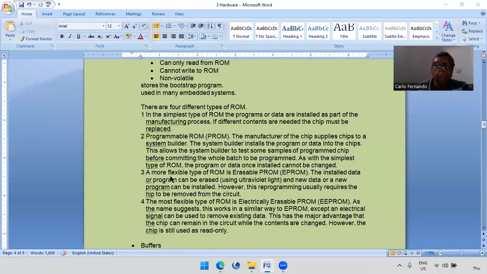That's the second type. Now the third one, a more flexible type of ROM, is erasable PROM or EPROM. The installed data or program can be erased. How? Using ultraviolet light. A new program or new data can be installed. However, this reprogramming usually requires the chip to be removed from the circuit.